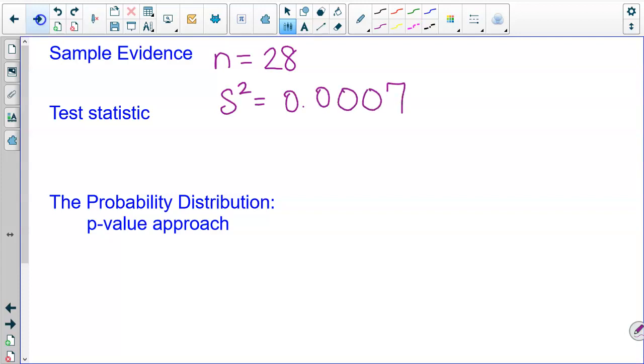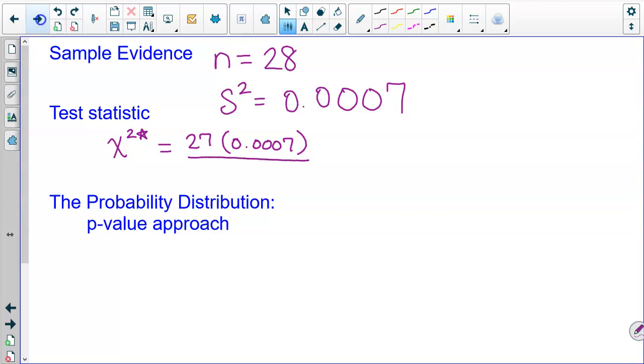Now we can calculate the test statistic, right? That's chi square star equals, your formula is n minus 1, so we plug in 27, times s squared, so times 0.007, divided by your sigma squared.